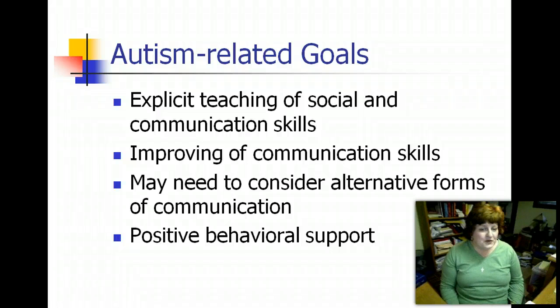May need to consider other forms of communication, be it sign language, or we also have communication boards where the kids are not able to verbally communicate but can easily use their communication boards to electronically communicate with other people. And positive behavioral support, because again, sometimes we're talking about some adverse behaviors that may not be easy for families to manage in public, outward social situations, but we also have to consider the ones that may be dangerous, either to the child, to the family, or to people unrelated.